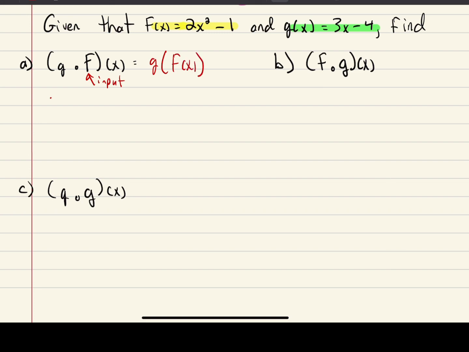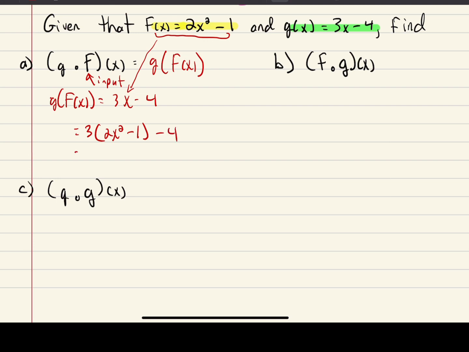And then that's going to be equal to 3x minus 4, and then this function over here is going to be placed inside the x. So that's going to go 3 times 2x squared minus 1, close bracket, minus 4.